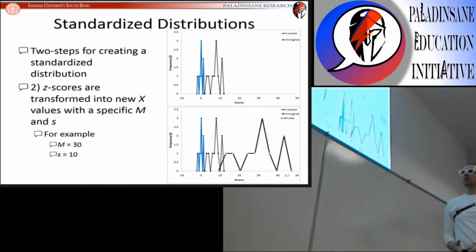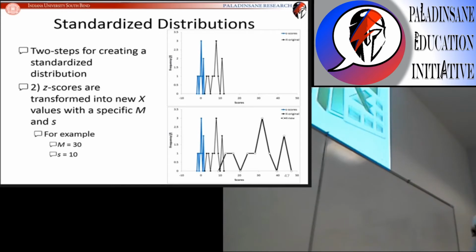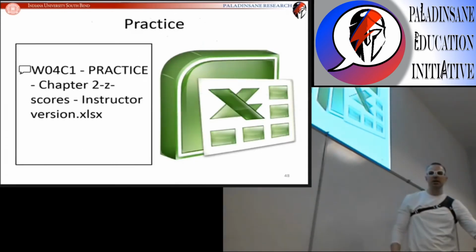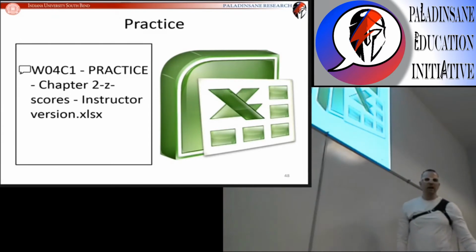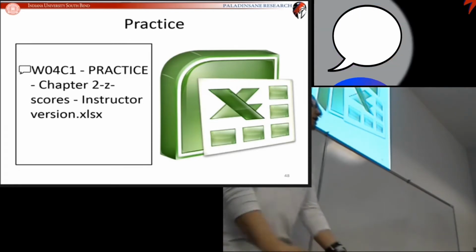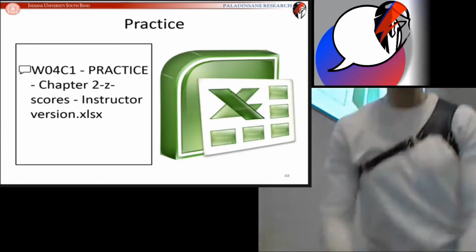So we've been talking about this for long enough. Let's now actually do this live in class. You have this Excel sheet in Canvas, the practice Excel sheet. If you haven't already, log into Canvas and let's open that up and get that going.